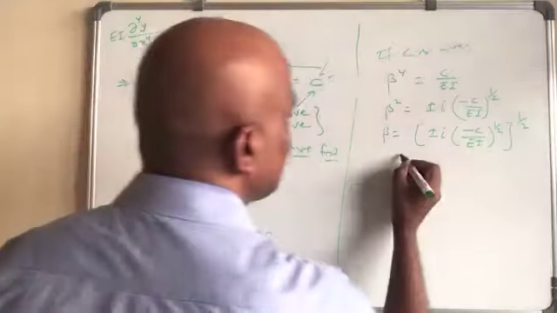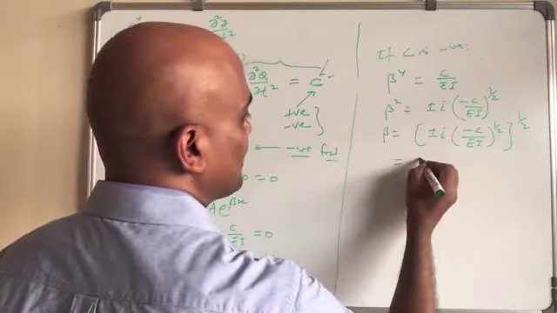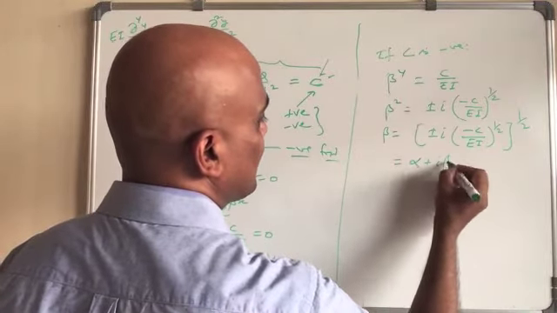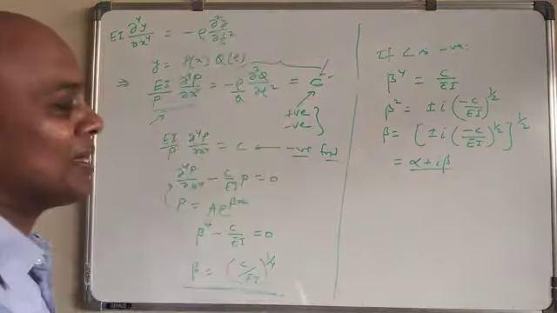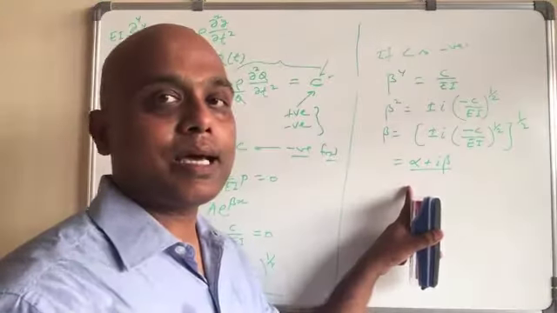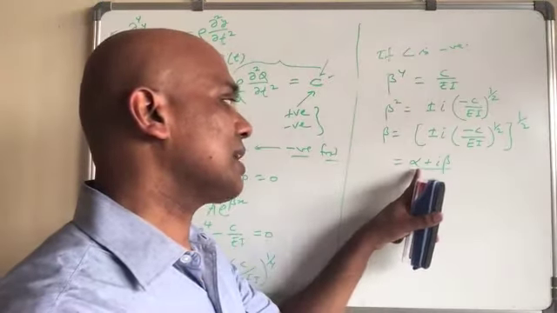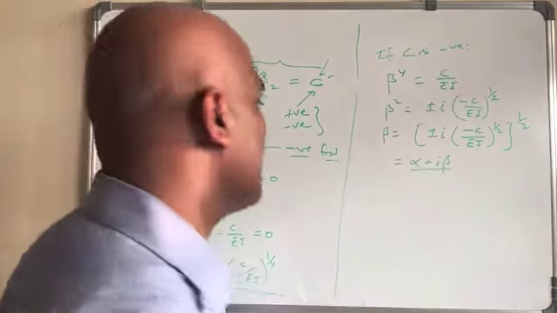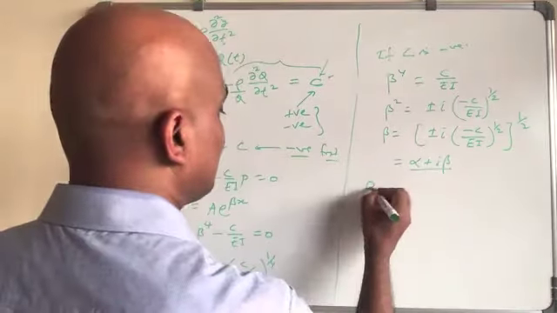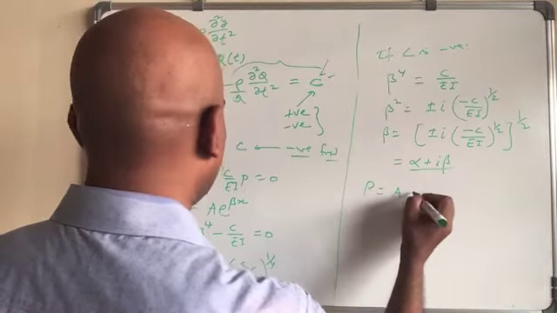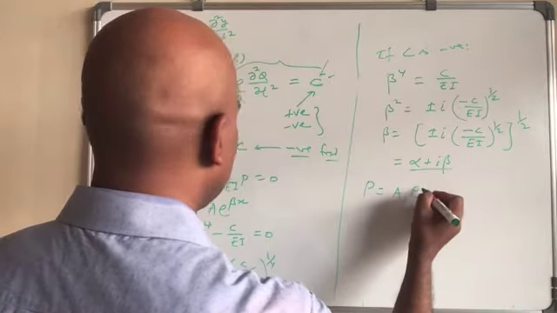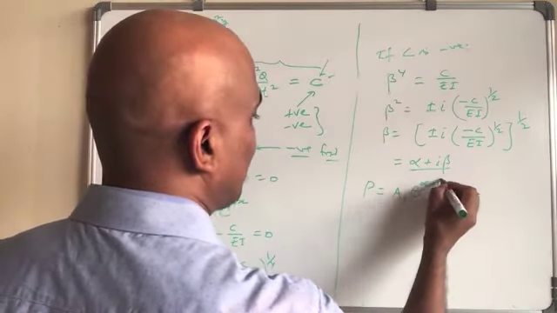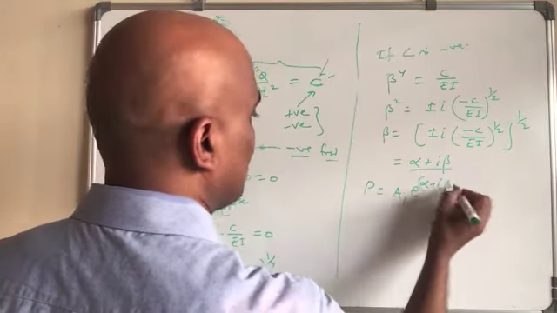So what we see here is we will have some kind of alpha plus I beta type of equation. It is not just real alpha, it is not just beta, but it will have both of them. So that means the solution will be something like this: P equal to A1 e to the power alpha plus I beta x.